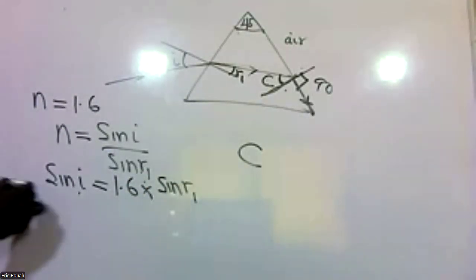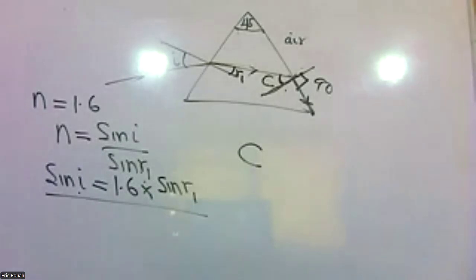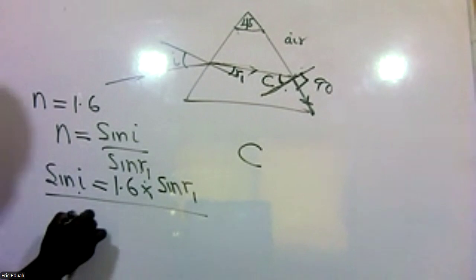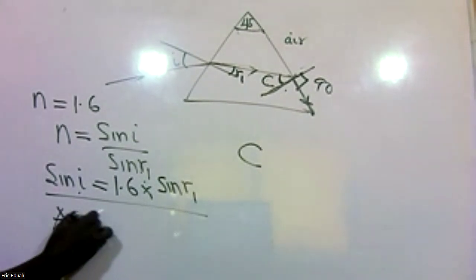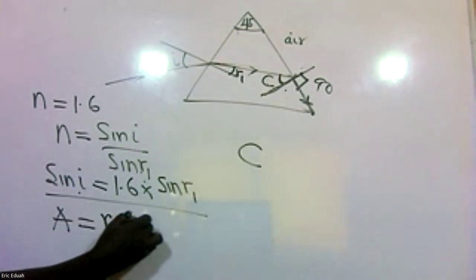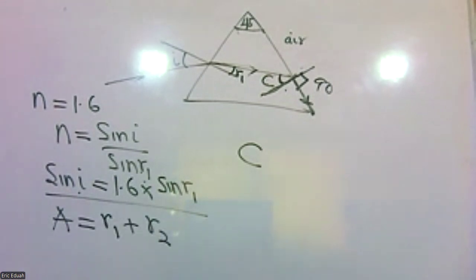So this is how we can determine the refractive index of the material. Now, using A is equal to R1 plus R2, we have A. A is given to us as 45.